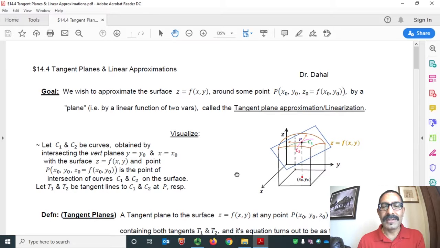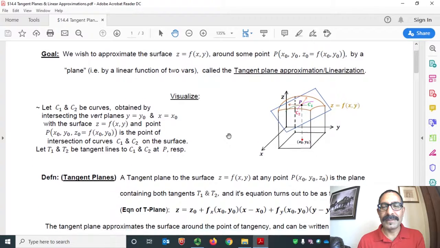So let me describe this diagram first. In the diagram, the surface is given in this brown color here, whose equation is z equals f of x, y, and we are focusing on the point P. P is the intersection of two curves C1 and C2. If you remember, in our earlier sections, when we defined the partial derivative of f with respect to x and the partial derivative of f with respect to y, we do have these two curves.